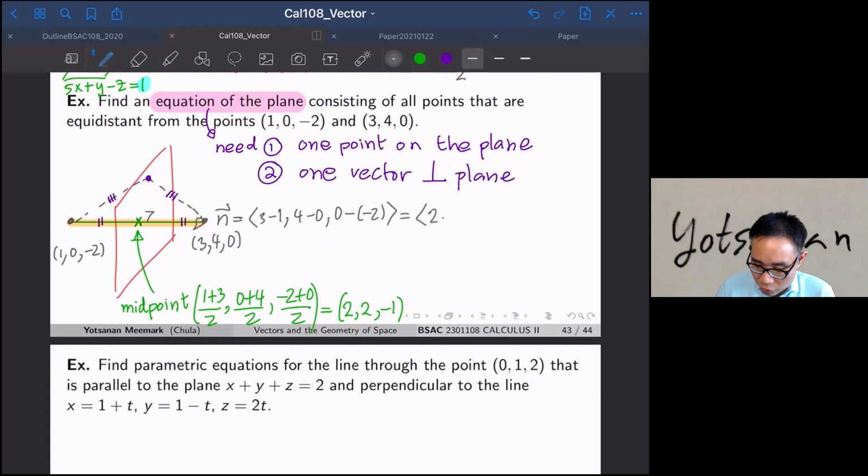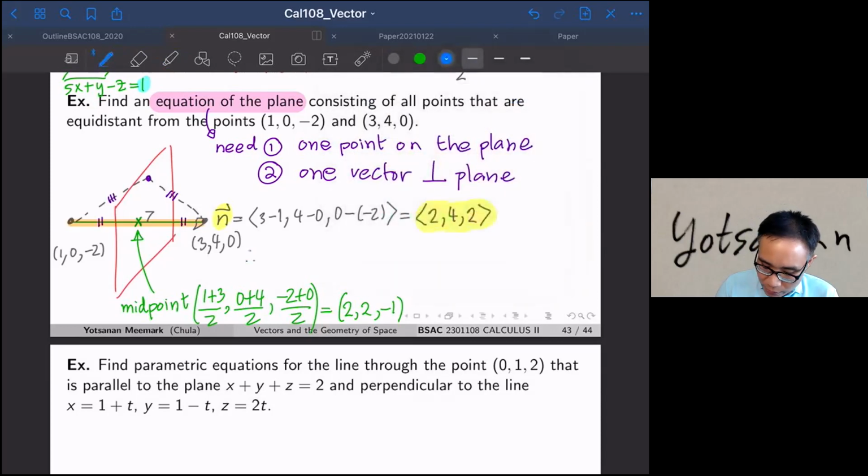So the normal vector n is 2, 4, 2. You have the two ingredients that you need in order to find the equation of the plane, so this will allow you to find the plane right now.